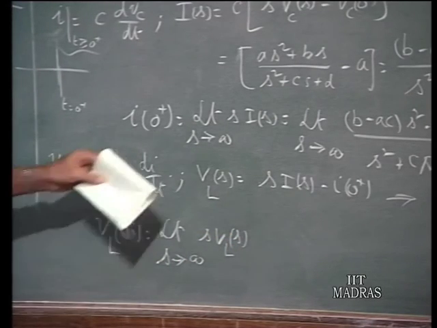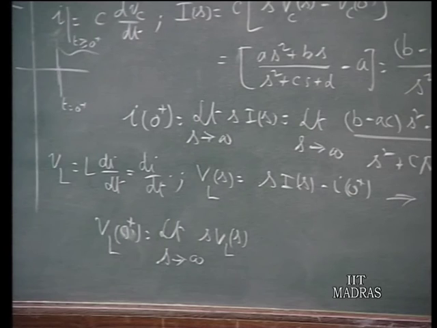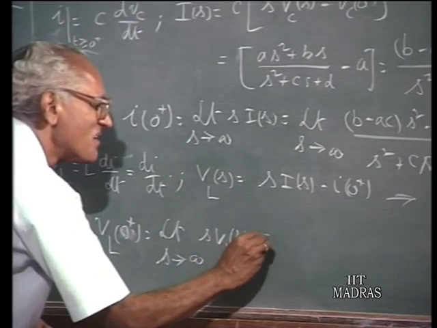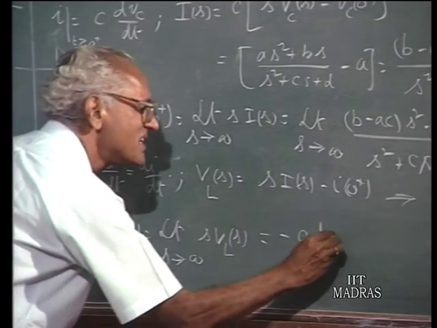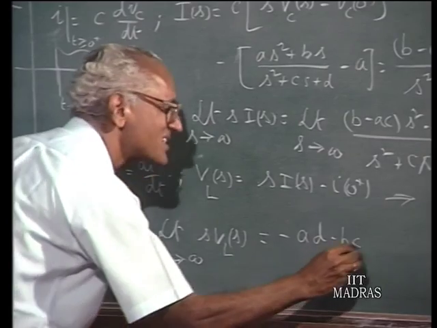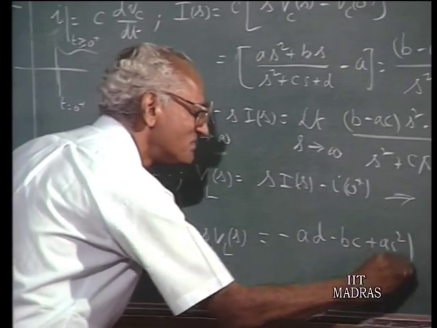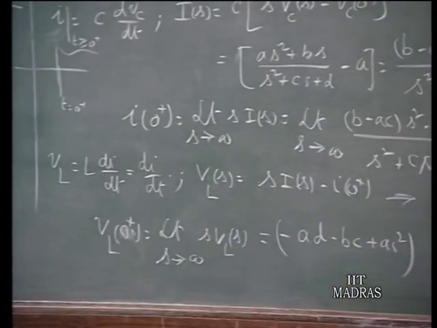So, after carrying out this work and taking this limit as s goes to infinity of s times V L of s, you will get the answer minus A D minus B C plus A C squared. So, that many volts is the value of the voltage across the inductor.